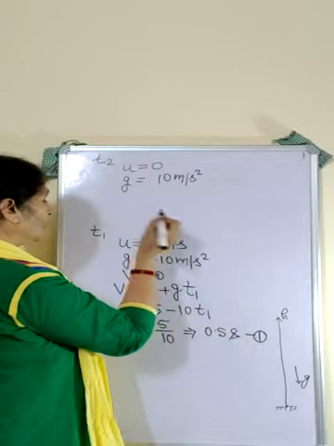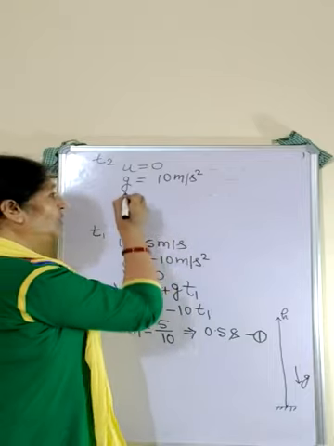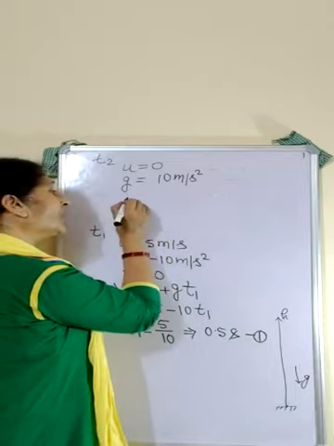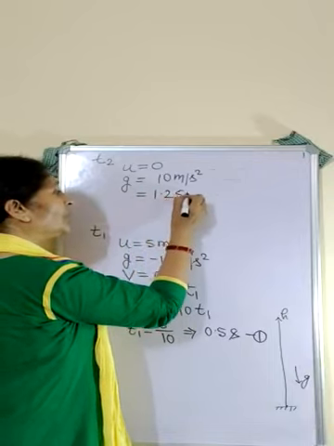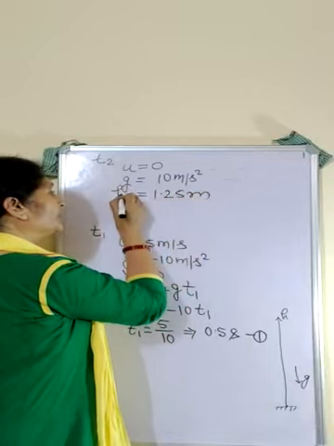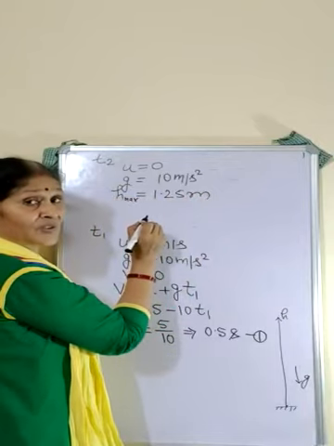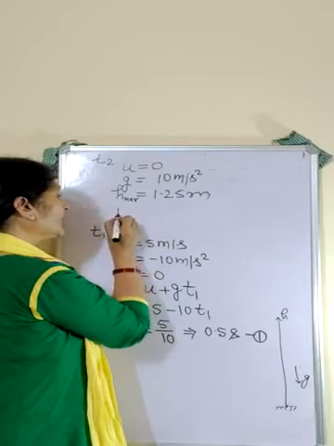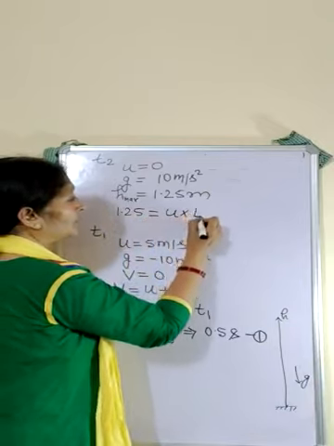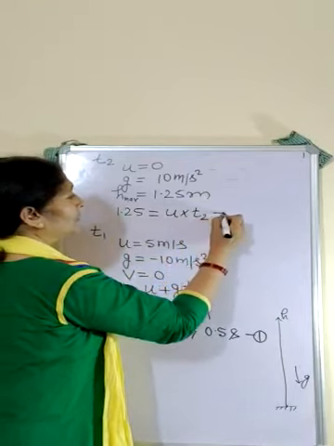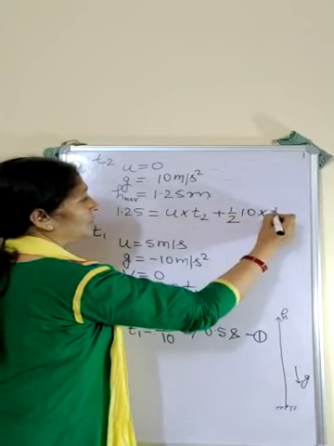Now we will find the value of t2, and we also know the height of the object, which is 1.25 meter. And this height is the displacement here. 1.25 is equal to u into t2 plus half into 10 into t2 square.